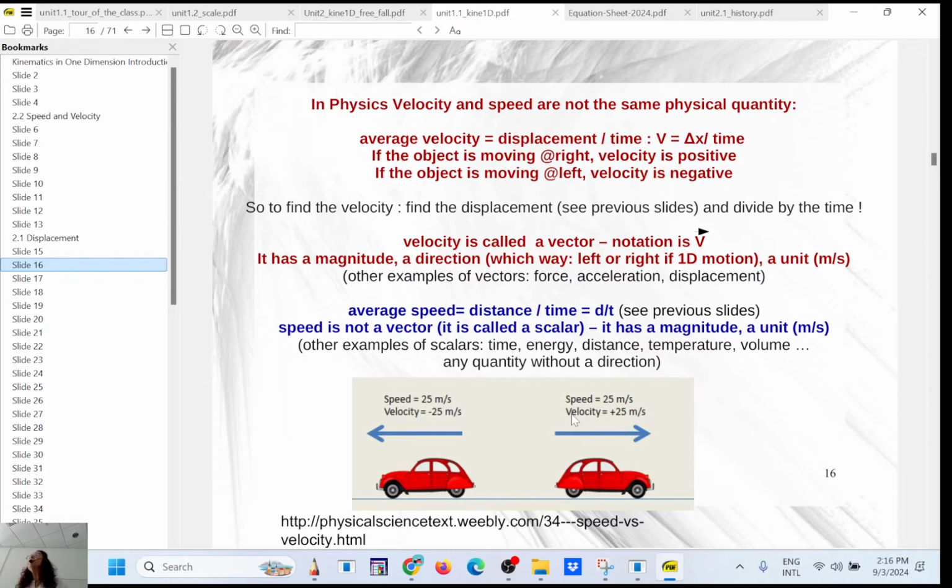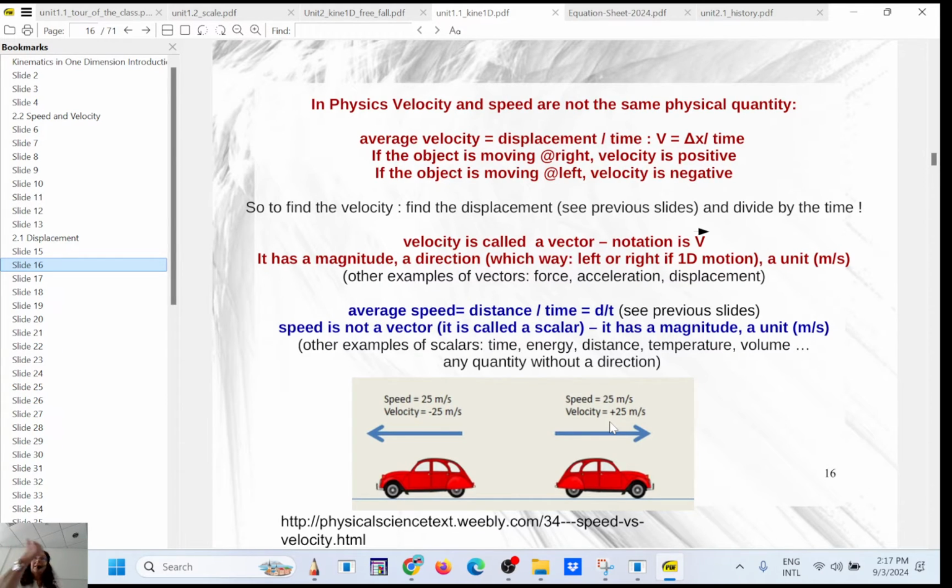Speed versus velocity. Speed is a scalar. It has a magnitude and a unit. However, velocity is a vector, so not only does it have a magnitude and a unit, but also a direction. If the velocity is positive, that means it's moving to the right.